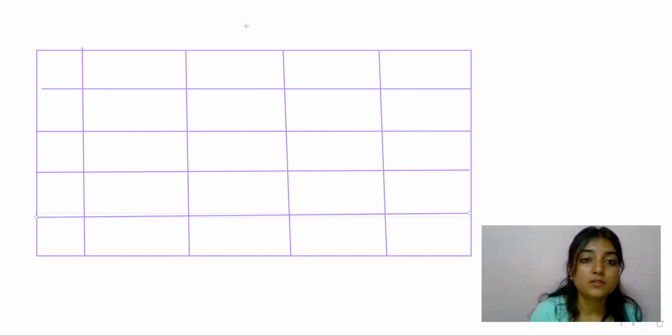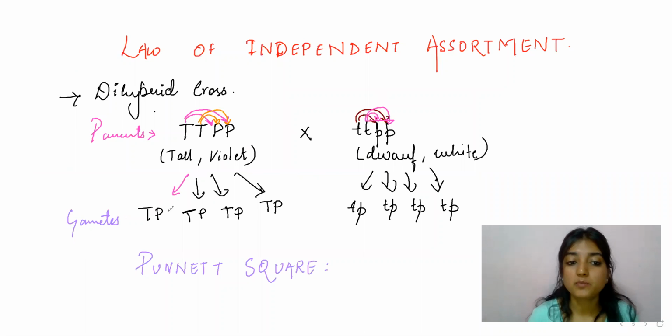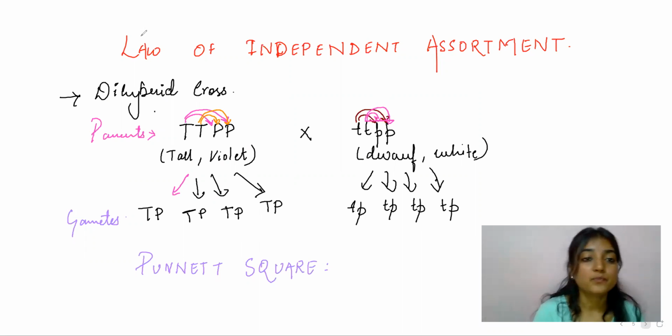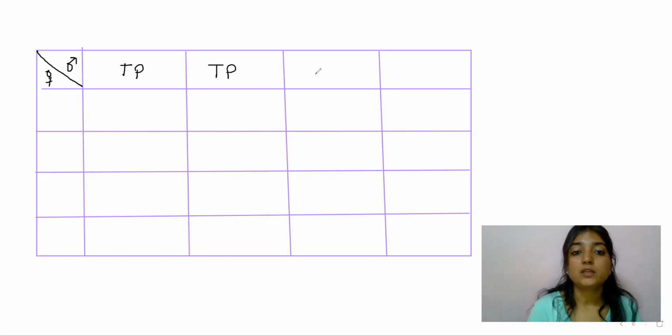Now we will write on this. Let us take this as the male, and here the female. What were the gametes we obtained? They were capital T, capital P, four gametes here and four gametes here. So we will write here also capital TP, the same.